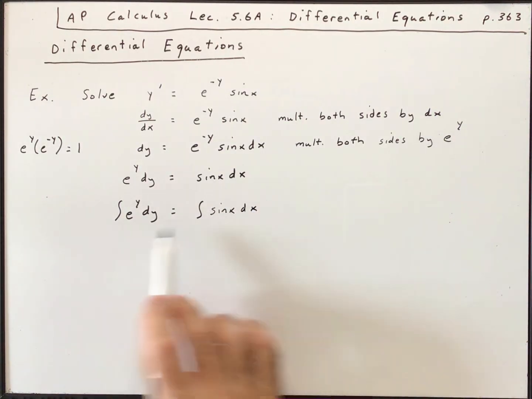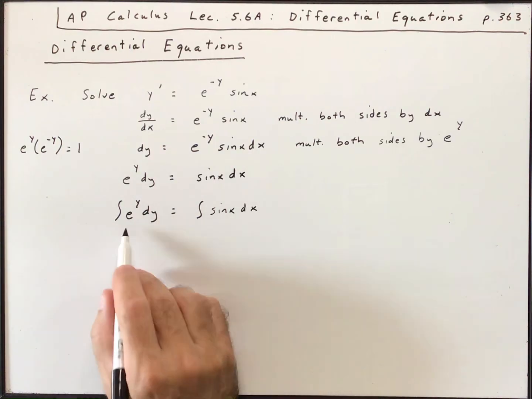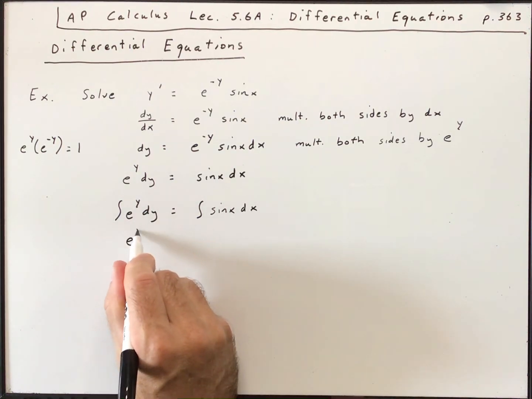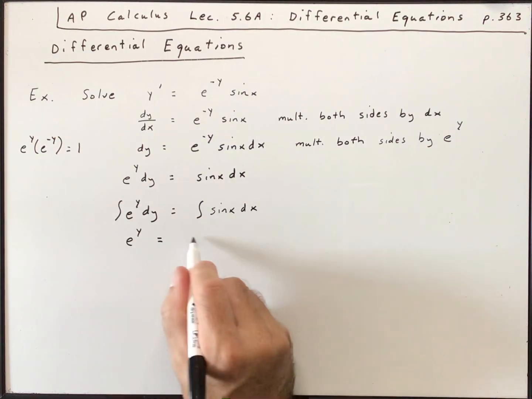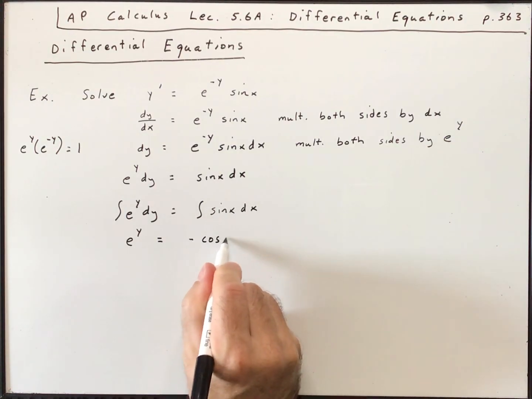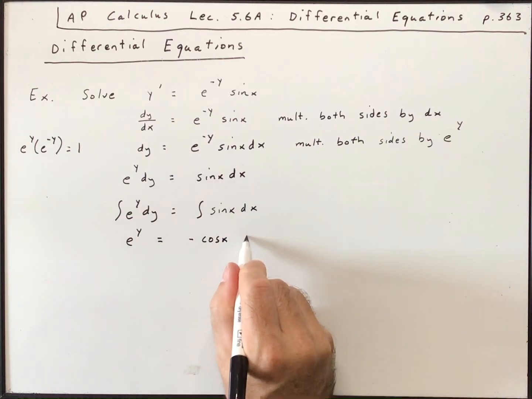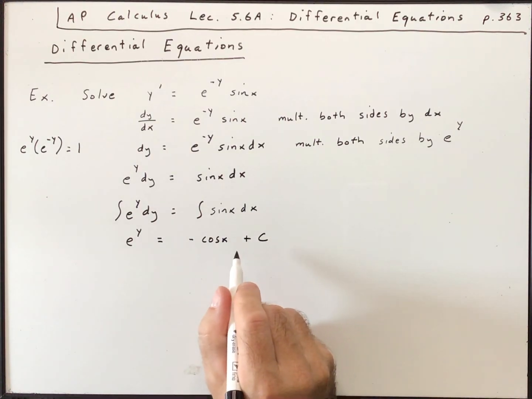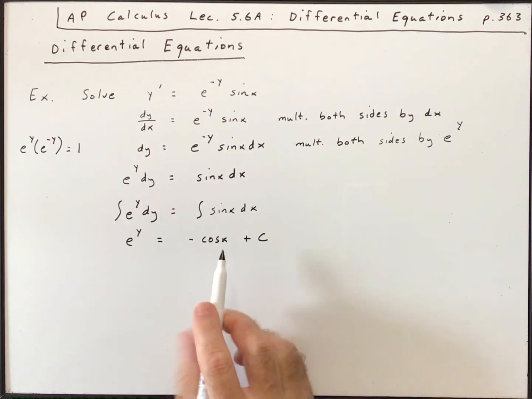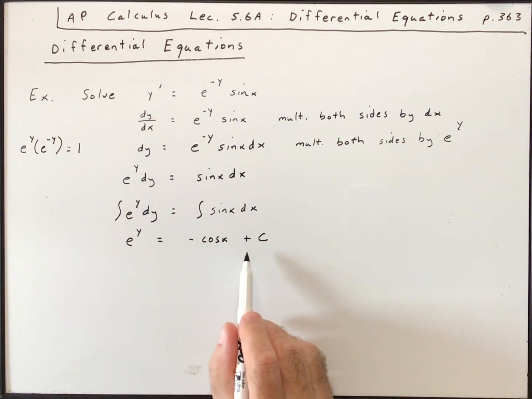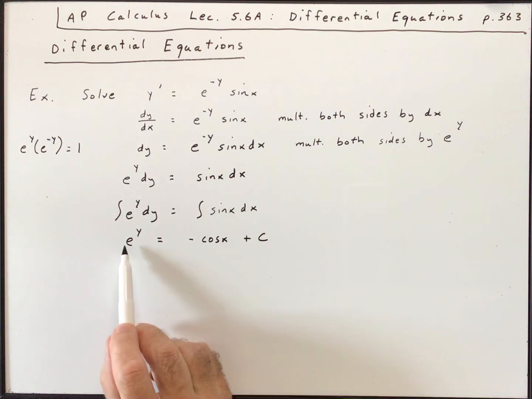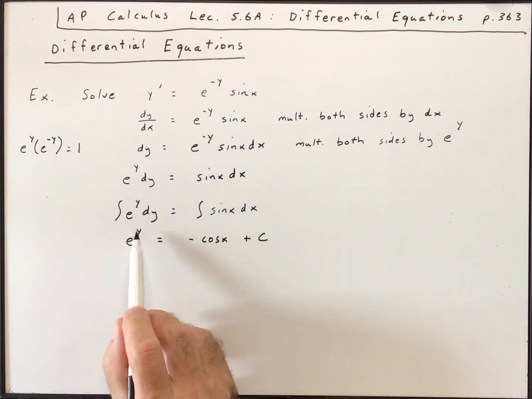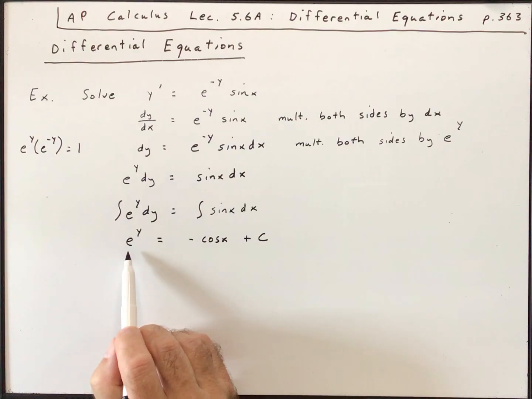So we're always going to get to this integrating both sides, and the antiderivative of e to the y is just e to the y. The antiderivative of sine x dx would be minus cosine x plus c. All right, now that is the answer, but most mathematicians want you to indicate this equation in terms of y, not e to the y.